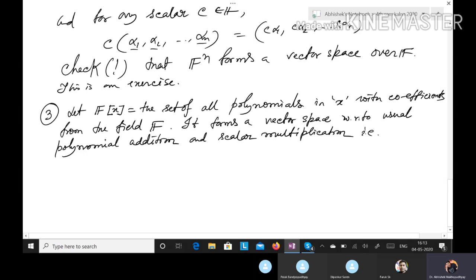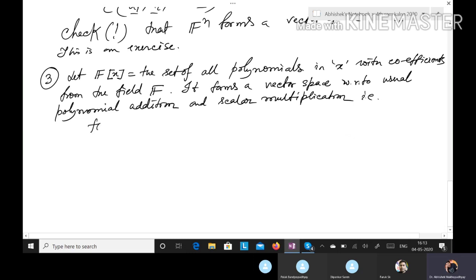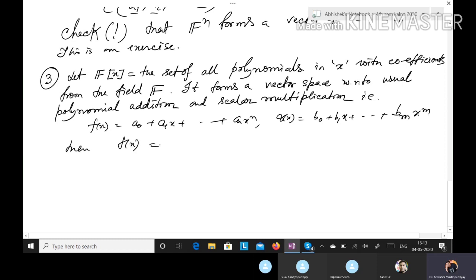That is, if you consider two polynomials, suppose one is f(x), that is a0, a1x, up to anx to the power n, and g(x) is b0, b1x, up to bmx to the power m, then one can define addition as just adding the coefficients component wise.